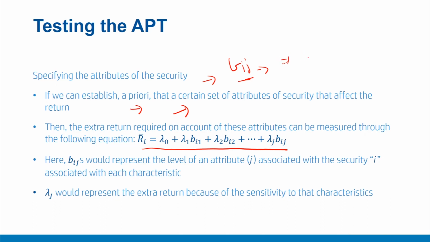For example, a security may have 5% of dividend level, or a security may have a certain level of liquidity, and the expected return associated with that level of liquidity will become the lambda corresponding to that attribute. And therefore, lambda j would represent a certain extra return because of the sensitivity of that security towards that jth attribute.